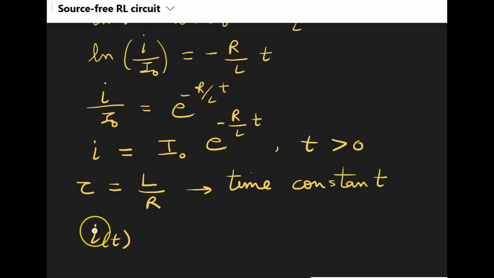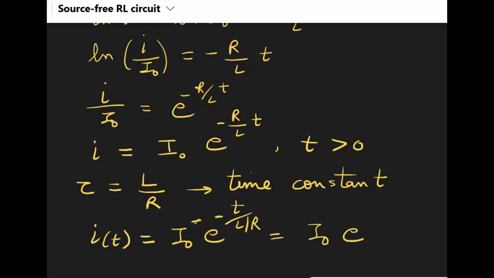We can rewrite I as I of t, and since tau is L by R, it becomes I0 e to the power minus t upon L by R, or I0 e to the power minus t by tau, with the condition t greater than 0.